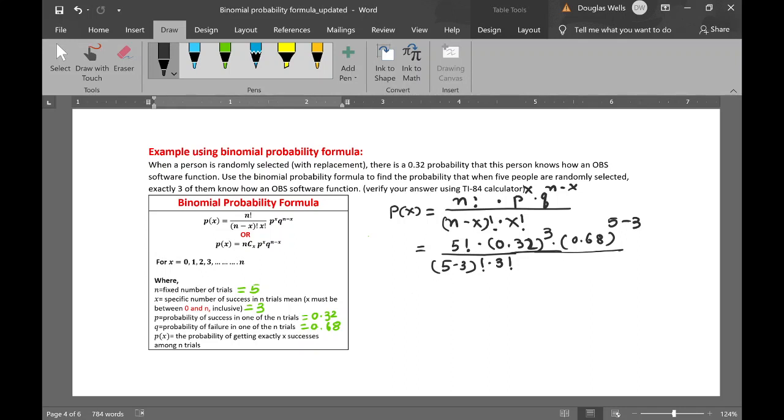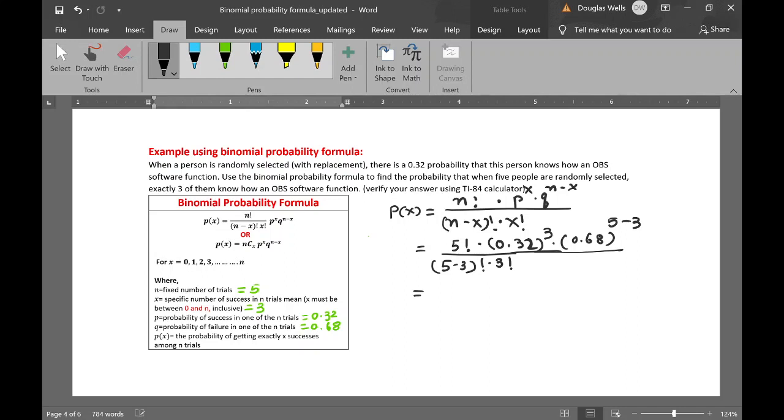Simplify all of this. Notice one thing. Inside the parentheses, 5 minus 3 is basically 2 factorial, and this 5 minus 3 is basically 2. So make sure you keep that in the back of your head. So we can skip one step and we are going to write it like this.